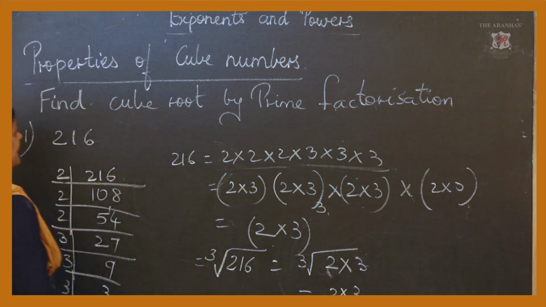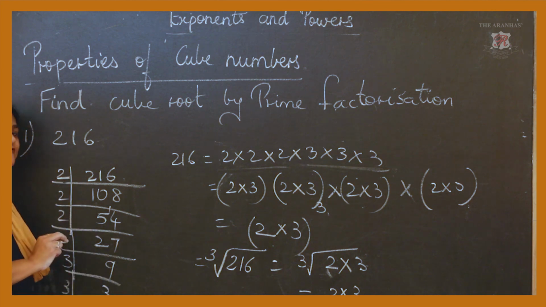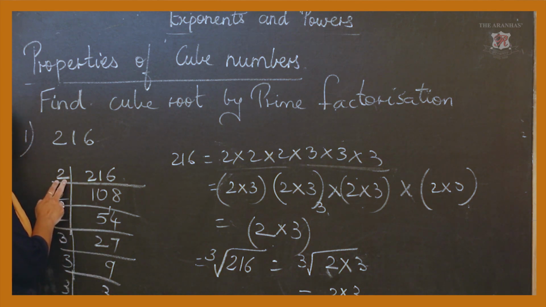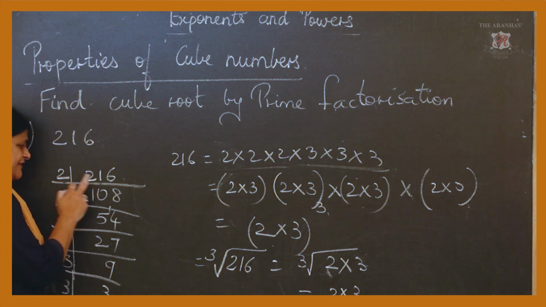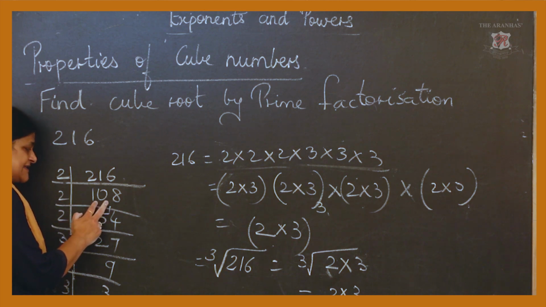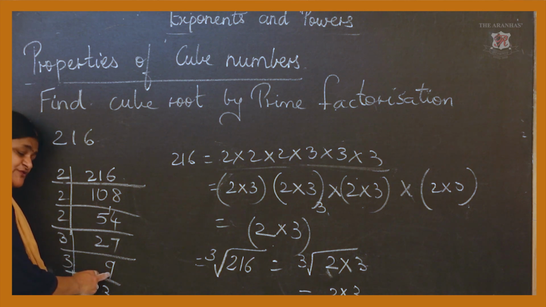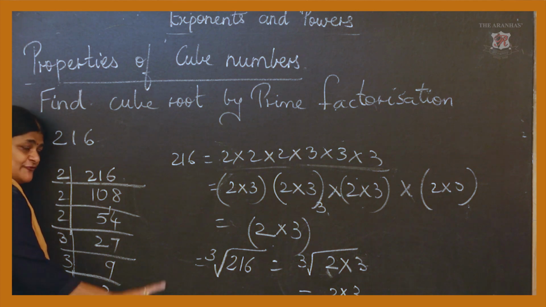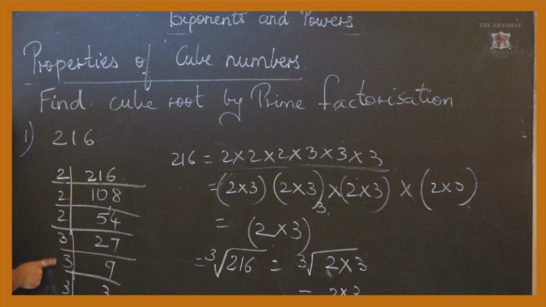Again I'm explaining, you have to find the cube root by prime factorization. 216 I have taken, so when you are dividing, you can divide it by 2, because you have to find the cube root. You divide it by 2, you get 108, again 108 is divisible by 2, you get 54, and 54 again is divisible by 2, you get 27, and 27 is divisible by 3, which gives you 9, again 9 is divisible by 3, so 3 divided by 3 will give you 1. So 216 is equal to all these numbers which you have multiplied.